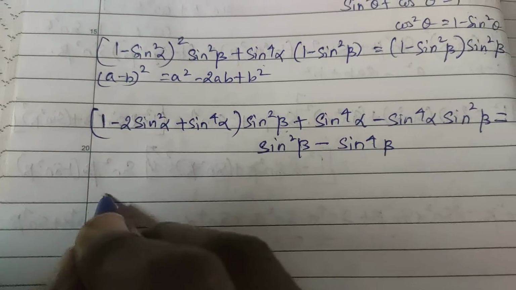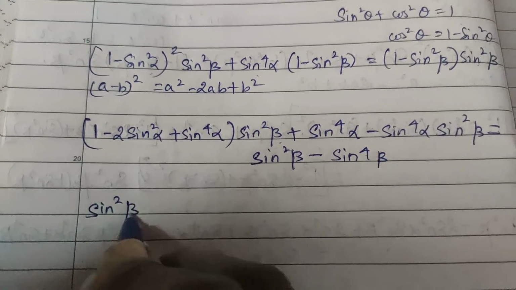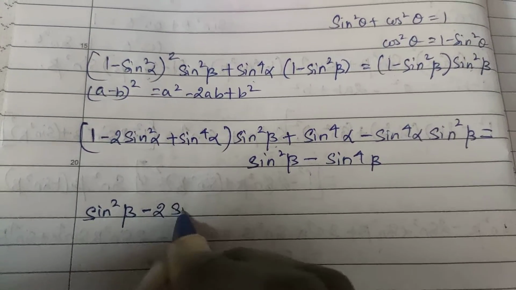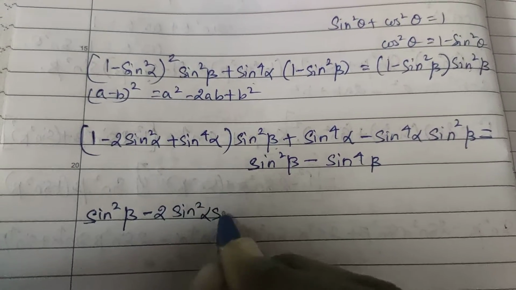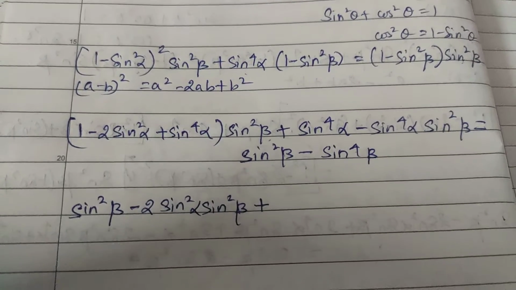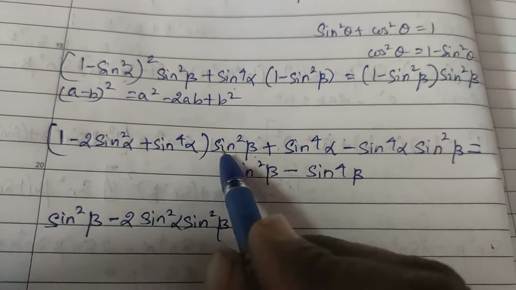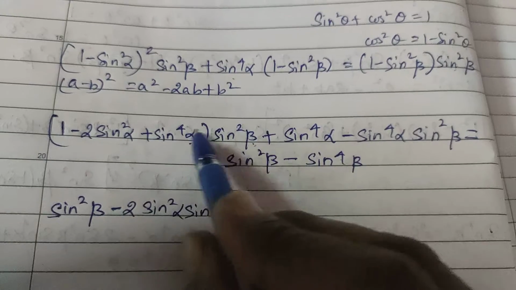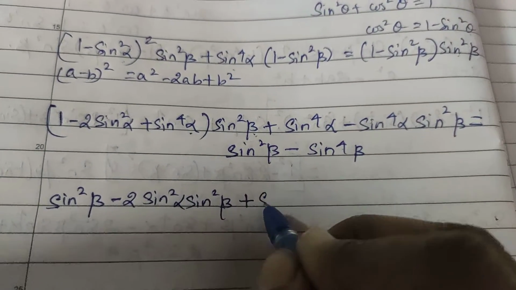I'll get sin squared beta minus 2 sin squared alpha sin squared beta plus sin power 4 alpha into sin squared beta. This is alpha, this is beta, so the powers cannot be added, both are separate terms.